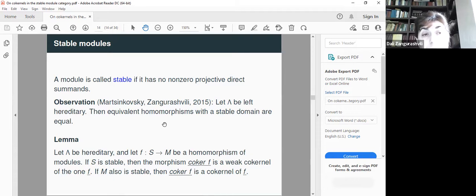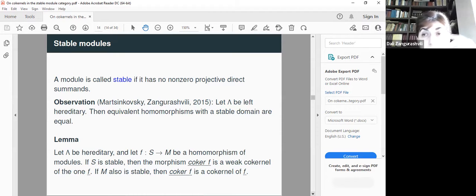Using this observation, it is very easy to notice that this simple lemma holds. It gives some answer to the question about the existence of cokernels, but definitely not a satisfactory one. We see that it deals with only a very particular case. So this approach of using the usual cokernels in the usual category of modules does not work. We will use another approach.